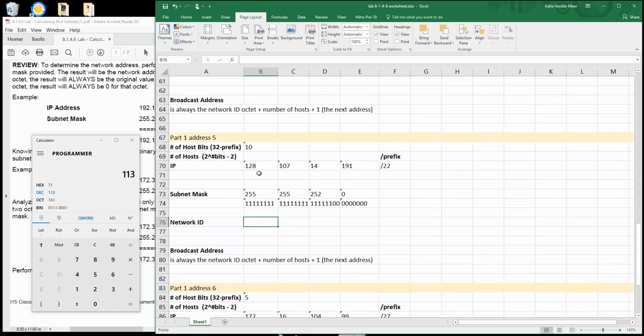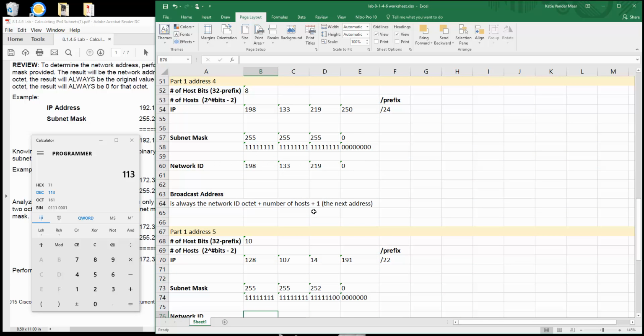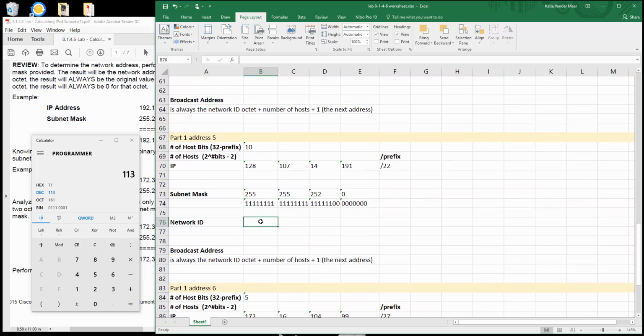Our network ID for address 5, which started out as 128.107.14.191, becomes 128.107. Okay, 14. Let's do it this way.